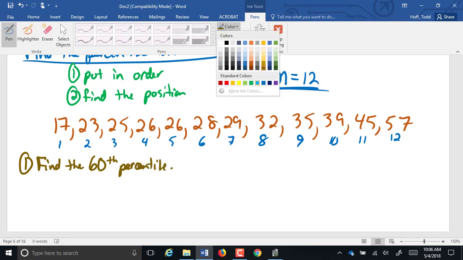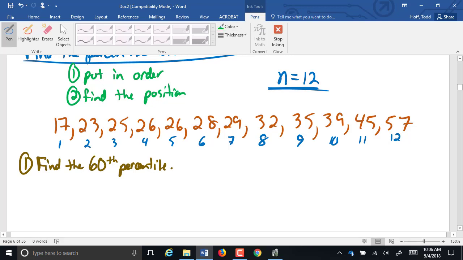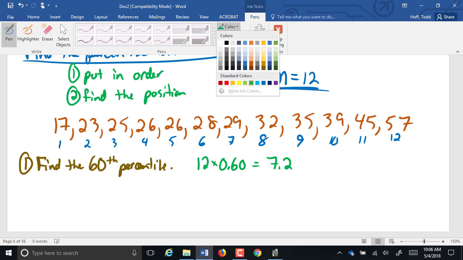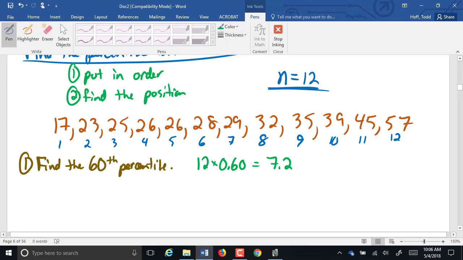Well, the location is going to be n times the percentile. So n is 12. What's the percentile? 60th, so that's 0.6. 12 times 0.6 is 7.2. When we did the median, when we got a decimal, what did we do with that number? We rounded up.